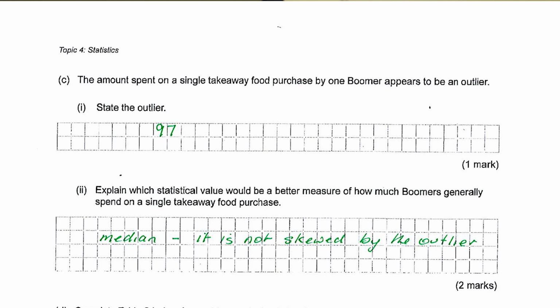So I guess looking for that understanding of what the stem and the leaf means. But if they had filled in their stem and leaf plot incorrectly and they had a different outlier, then that was awarded for that. So I guess as markers, we're looking to give the students marks wherever there is opportunity to do that.